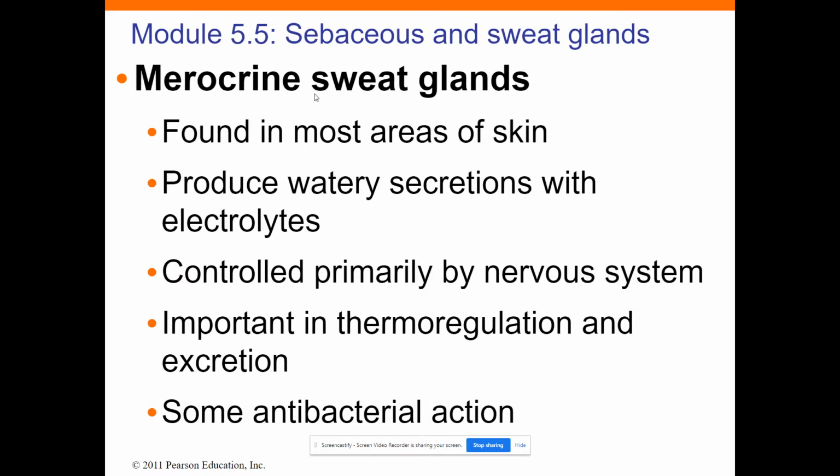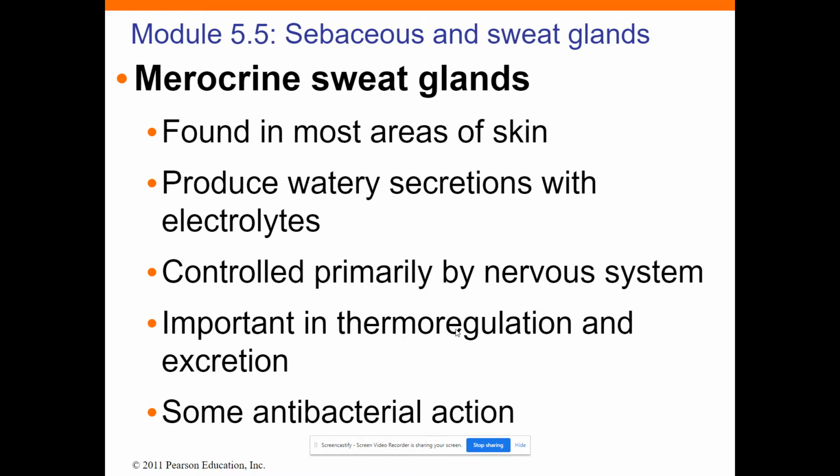The merocrine or eccrine sweat glands are in almost all the other areas of your body, and they are mostly watery, water and salt. So the electrolytes are the salt part, so it might taste salty. And it's controlled by your nervous system because it's meant for thermoregulation. So it's one way that your body is able to maintain homeostasis.